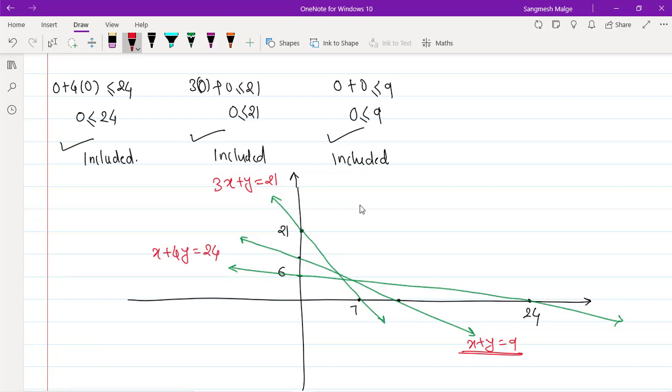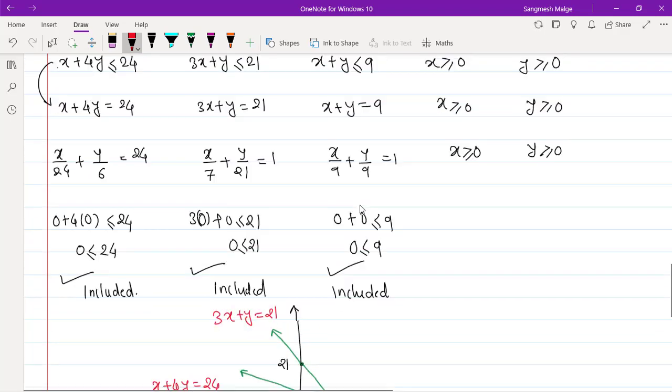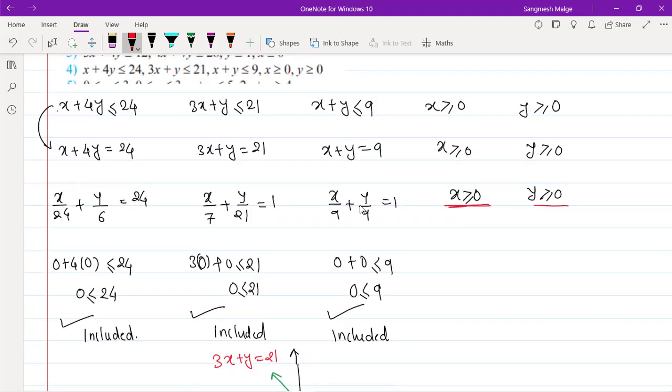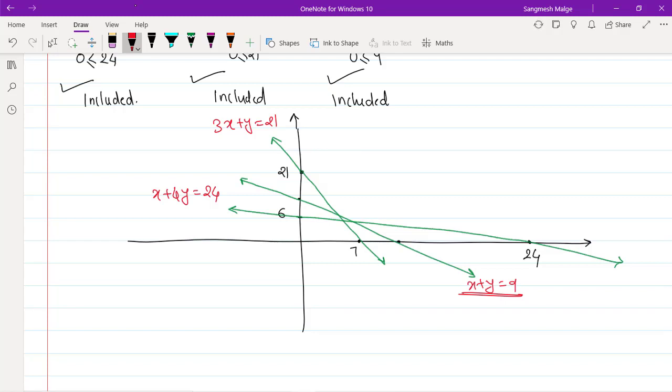Now let's have the feasible solution set for all of these 3 lines. Of course, x and y both are positive from these constraints. Okay, mark this solution set. For all, the origin is included. Means what will be the common region if I have the positive x-axis and y-axis? So this will be the common region.